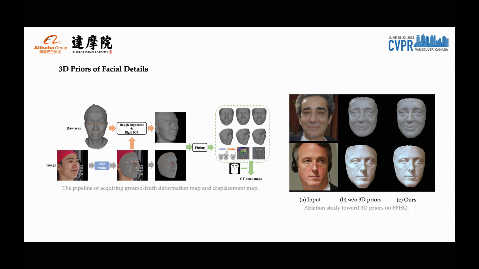The obtained detail maps can be used in adversarial training to supervise the domain distribution of the deformation map and displacement map. The ablation study shows that the network without 3D priors produces some unrealistic details. In contrast, the reconstruction results with 3D priors are smoother and more faithful.